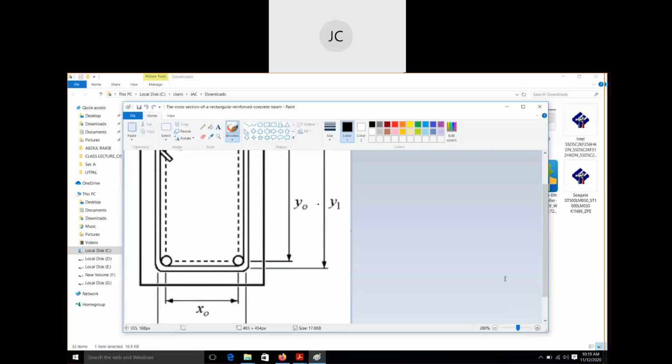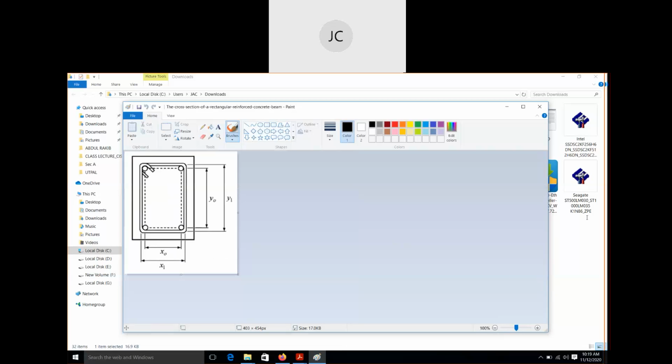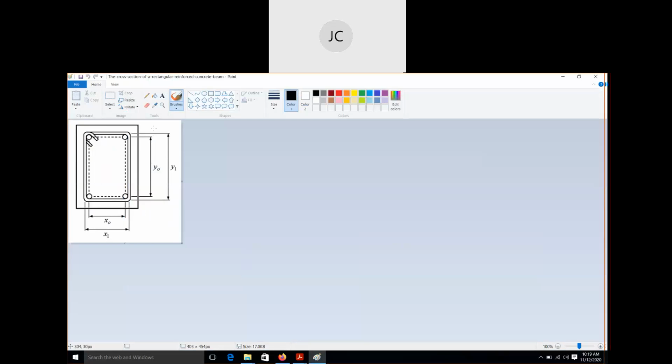Okay. So this is our beam. From here to here, from this level to this level.